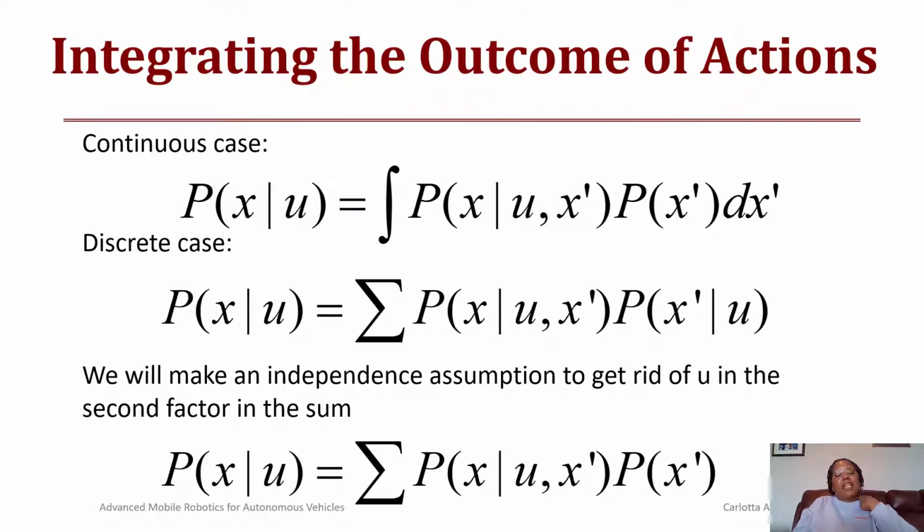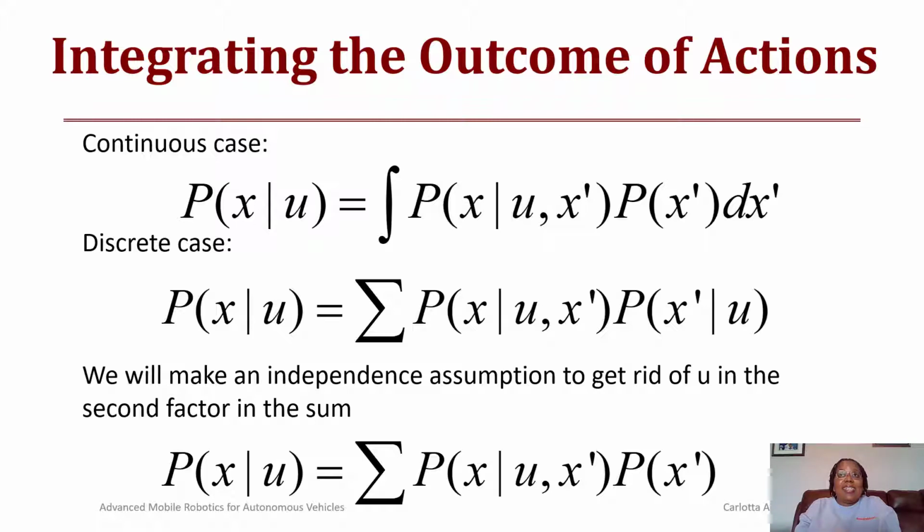So we're going to integrate the outcomes of these actions into our probabilities. For our continuous case, the probability of X given U is the integral of the probability of X given U and X prime and the probability of X prime dx prime.